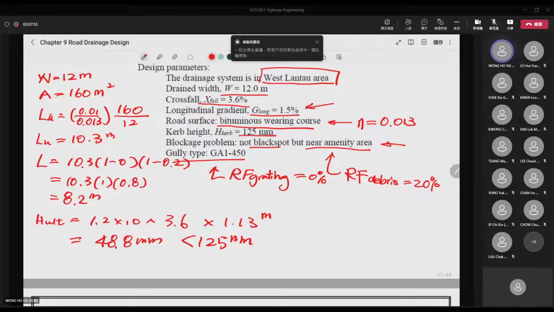Okay. So this one is relatively easy, as I can say. Basically, it just follows all the criteria, and then you just check it from the chart, and then you can determine the gauge spacing.